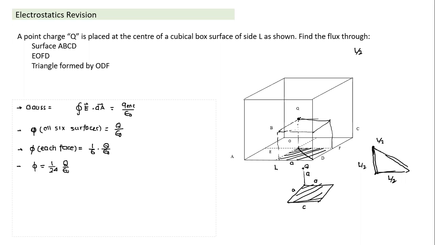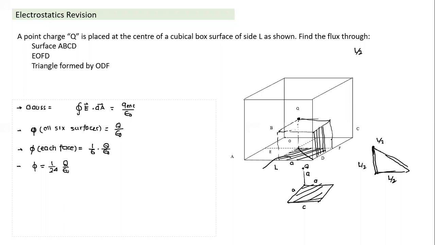And when the charge is placed at the corner, do we know what is the flux through this surface here? We know what is the flux here. Flux through this surface is equal to Q by 6 epsilon naught. So if this surface flux is Q by 6 epsilon naught, just tell me what is the flux through this surface here. This surface also is symmetrical to the one at the bottom.